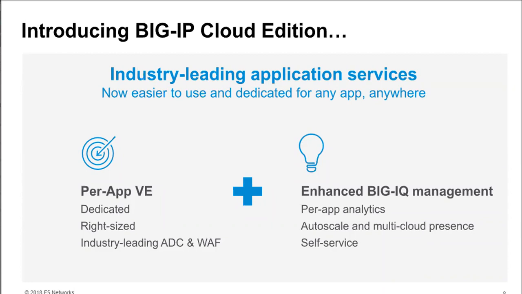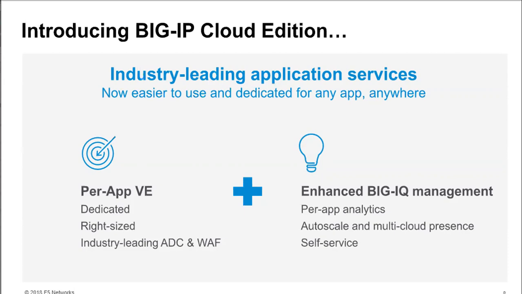So the Big IP per app virtual edition delivers the same scalable, secure, and customizable market-leading services provided by traditional physical and virtual ADC, in a form factor appropriate for supporting the individual application.